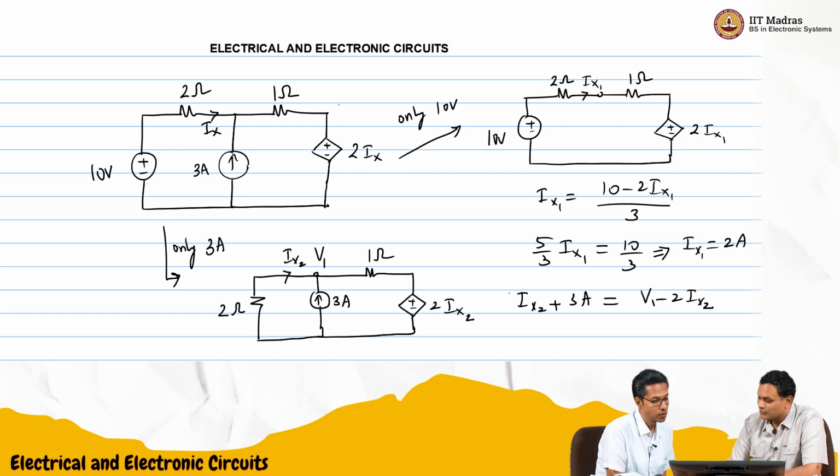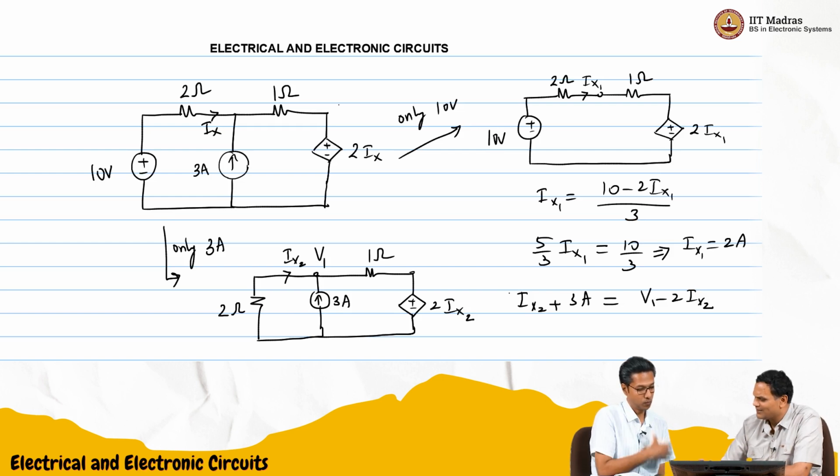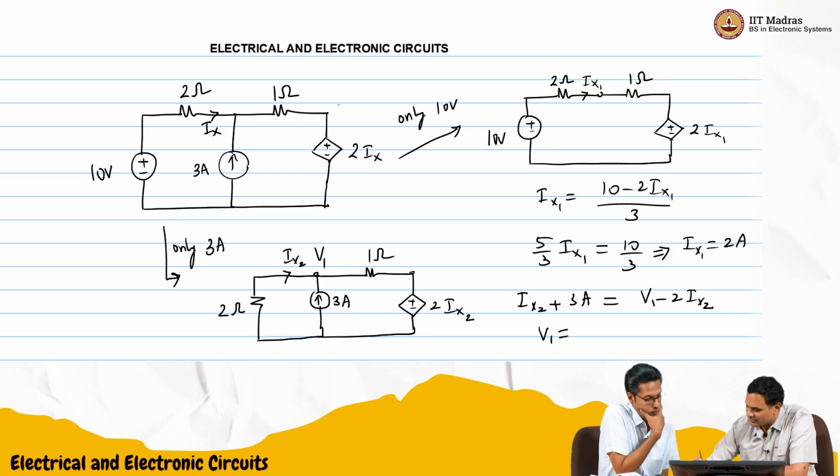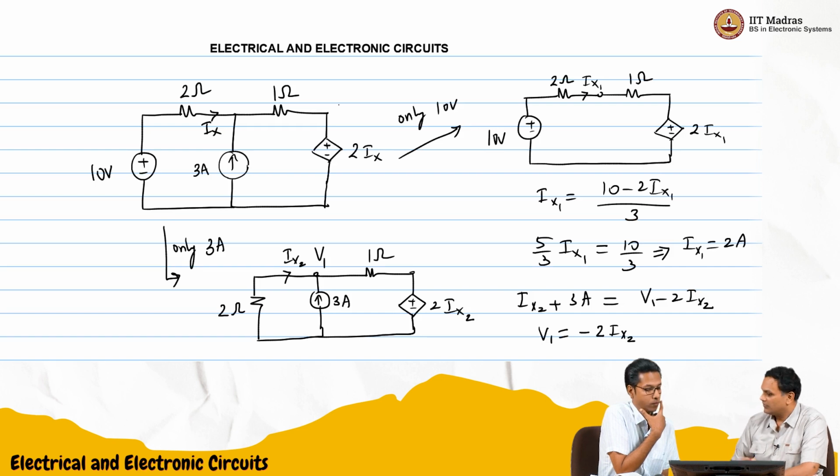That comes from Ohm's law for this 2 ohm resistor: Ix2 times 2 is minus V1. So V1 is minus 2 Ix2. We'll put these two equations together and solve.